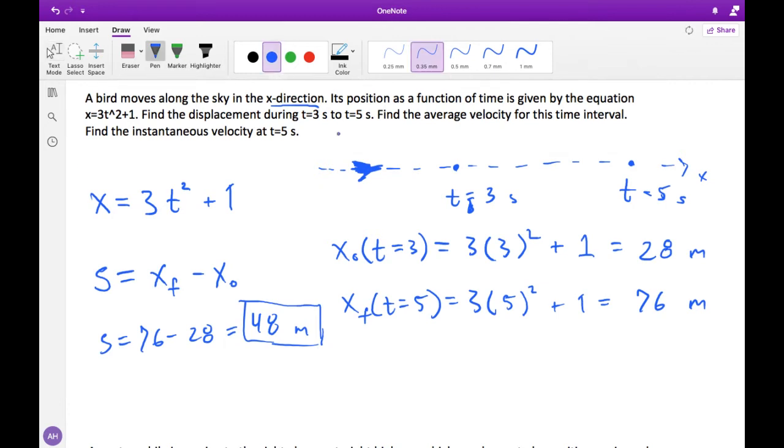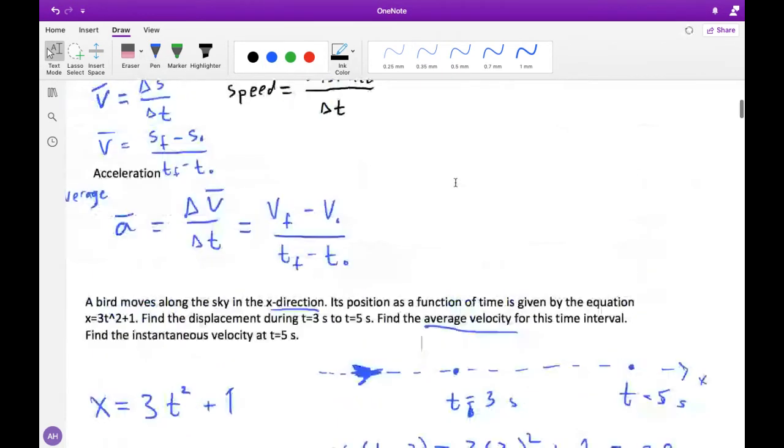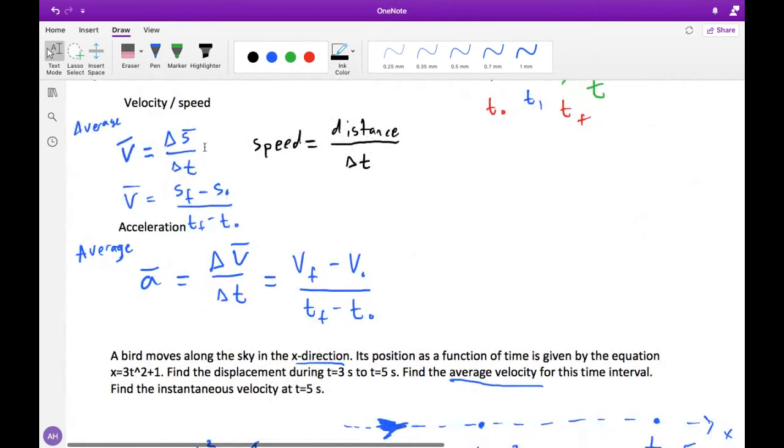So the next part of the question says, now find the average velocity. Well, the equation we have here for our average velocity is the displacement divided by the change in time.